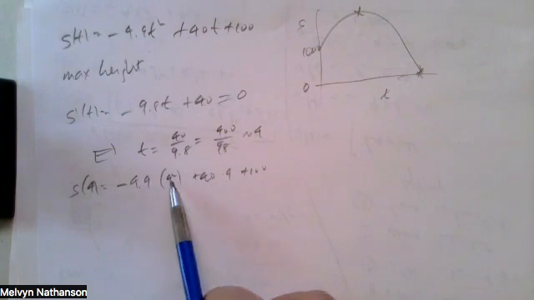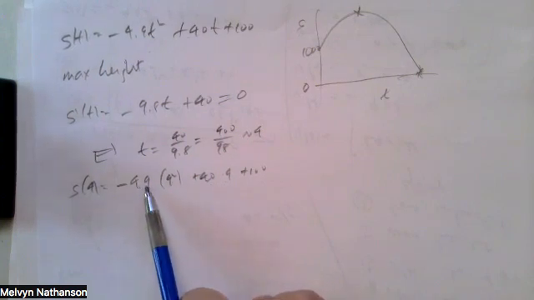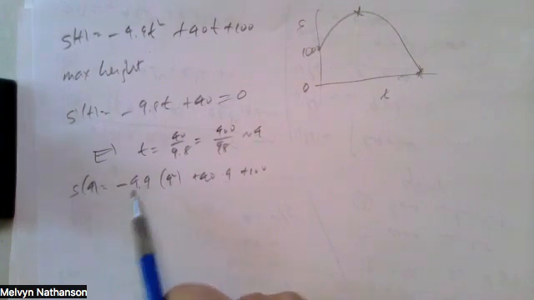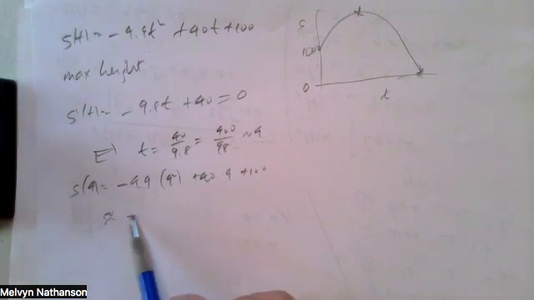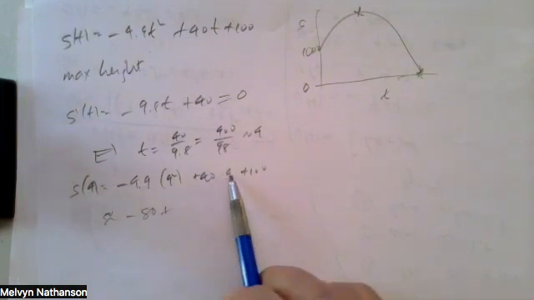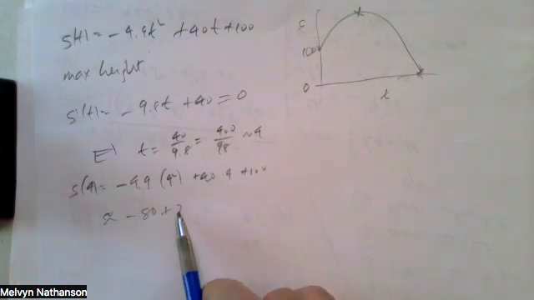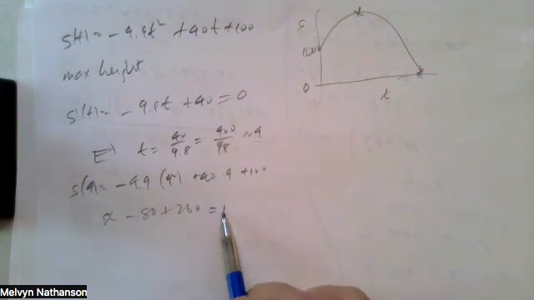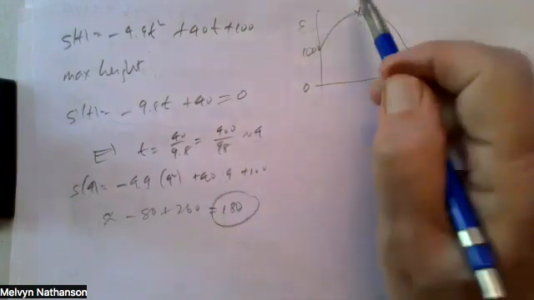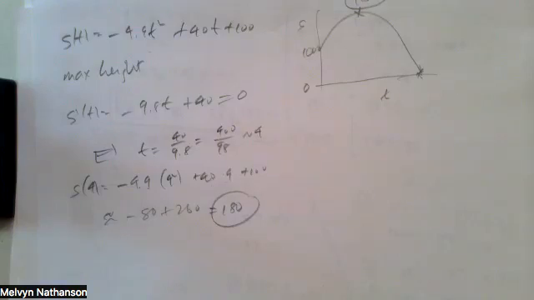This is roughly 16 times 5, which is about 80. So this is roughly minus 80 plus 260, which is 180. So the maximum height is roughly 180. And if you do it more carefully with the calculator, the answer is 182.